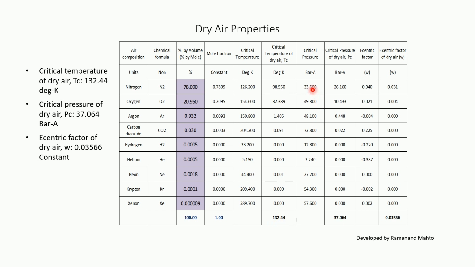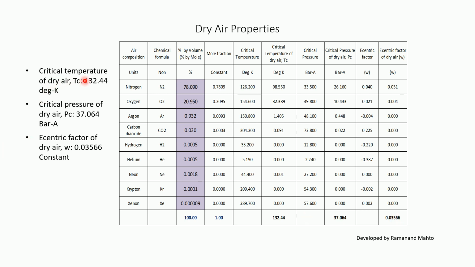Similarly, critical pressure we know, just multiply mole fraction by critical pressure, it becomes the critical pressure contribution of that component. Similarly do for the other components and add all of them, which becomes the critical pressure of dry air. The eccentric factor of each component we know, just multiply by the mole fraction, it becomes the eccentric factor contribution of that component, and do the same exercise for the other components and add all of them, it becomes the eccentric factor of dry air.